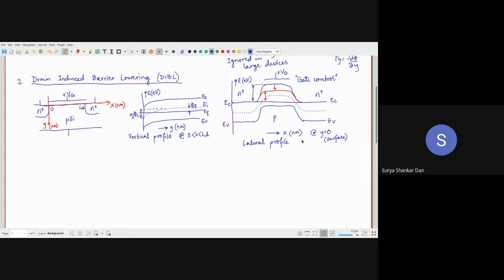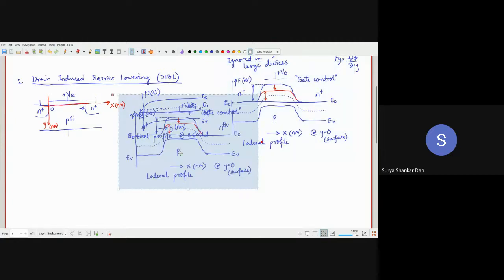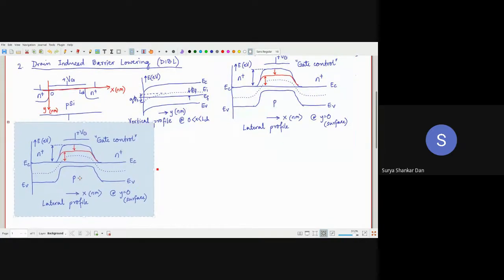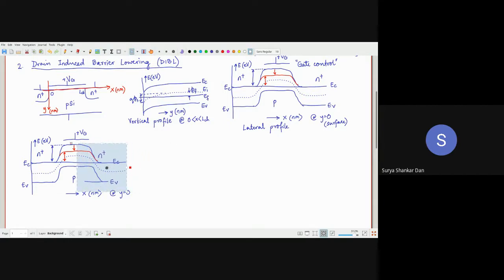Now let us consider the situation like this, where, if it is a short channel, this is essentially very, very close.